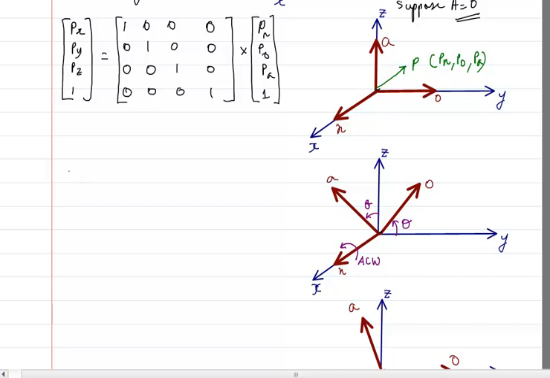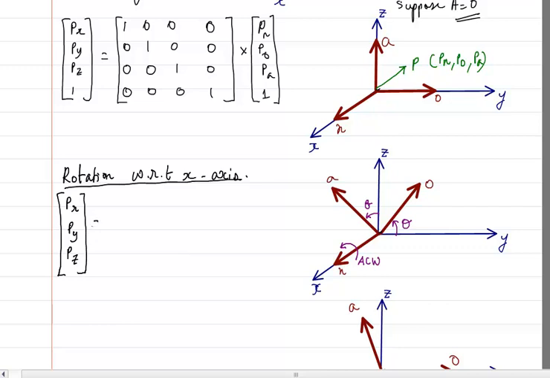So if I have rotation with respect to the x axis, I will write Px, Py, Pz equal to the matrix straight away.